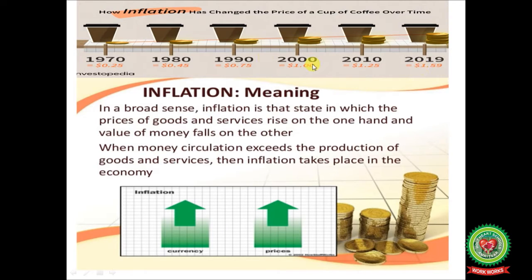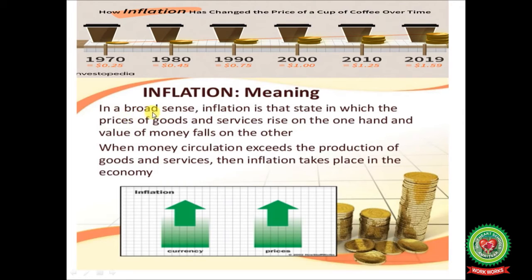So this means that for the same commodity, the value of money has fallen. For the same cup of coffee, we have to pay more in terms of rupees. So day by day the value of money is decreasing.